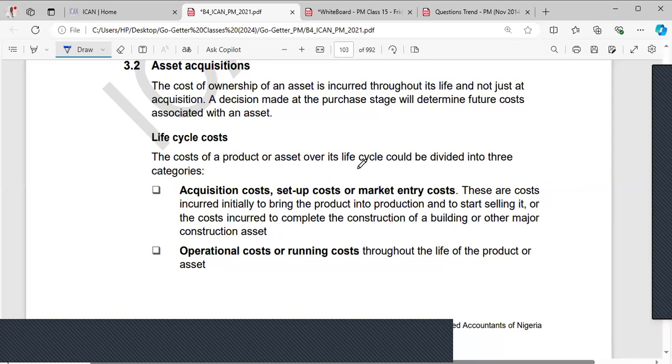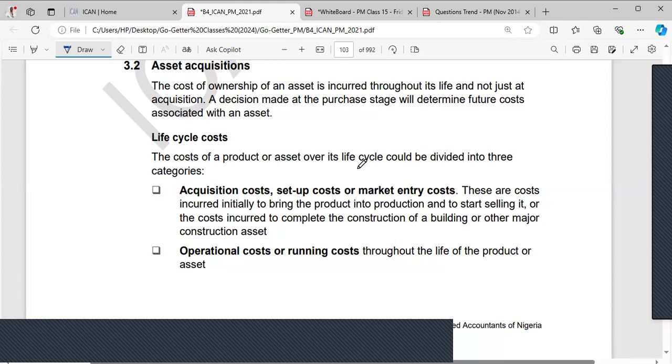Normally, if you are doing financial accounting, that will be your initial recognition of costs, which will enter into your accounting books. So the cost you incur to bring the asset, buy it, and install it so that it will start functioning, all these are the acquisition cost, setup cost, market entry cost.